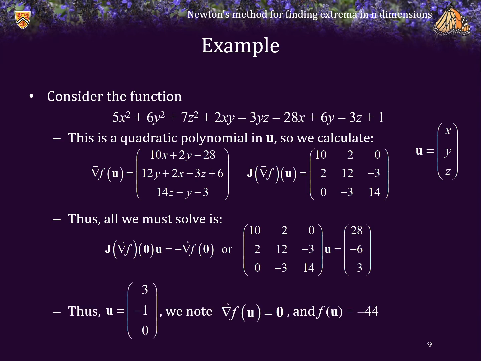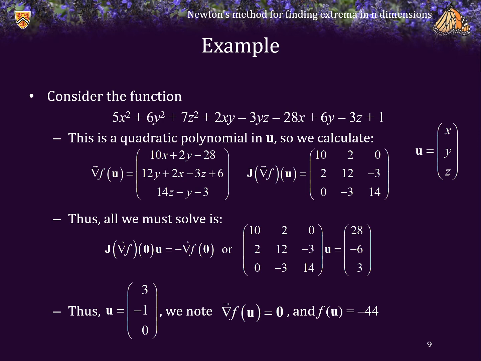We solve that, and thus u, the solution, is 3, -1, 0. If you were to substitute 3, -1, 0 into the gradient, you would find that all of the entries are 0, and you would find that f evaluated at this point is -44.